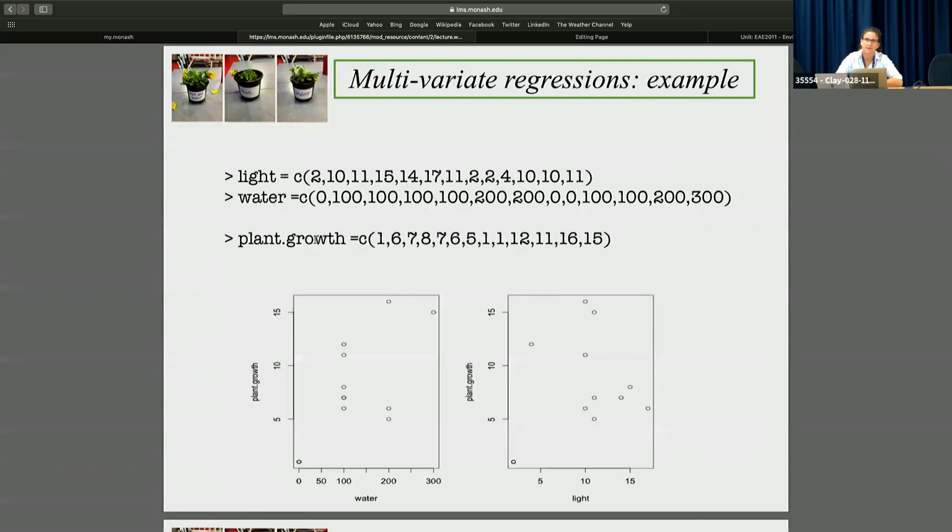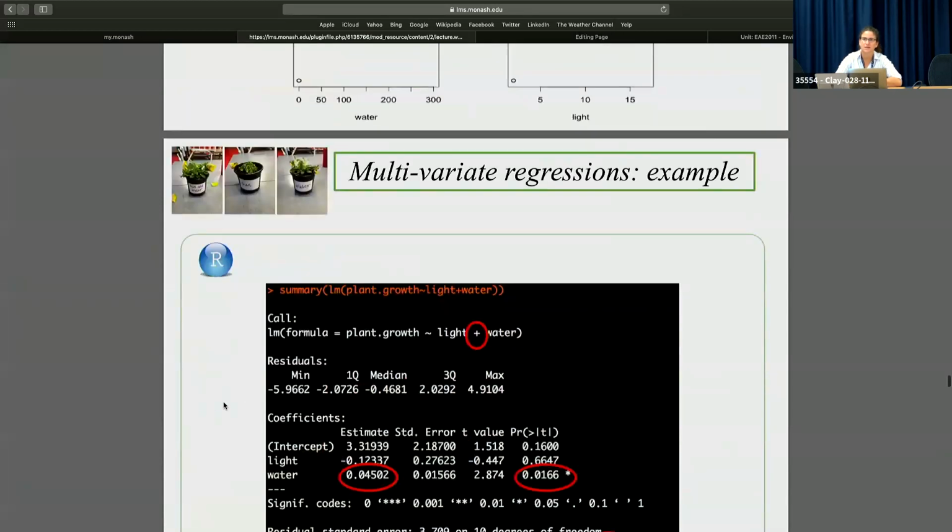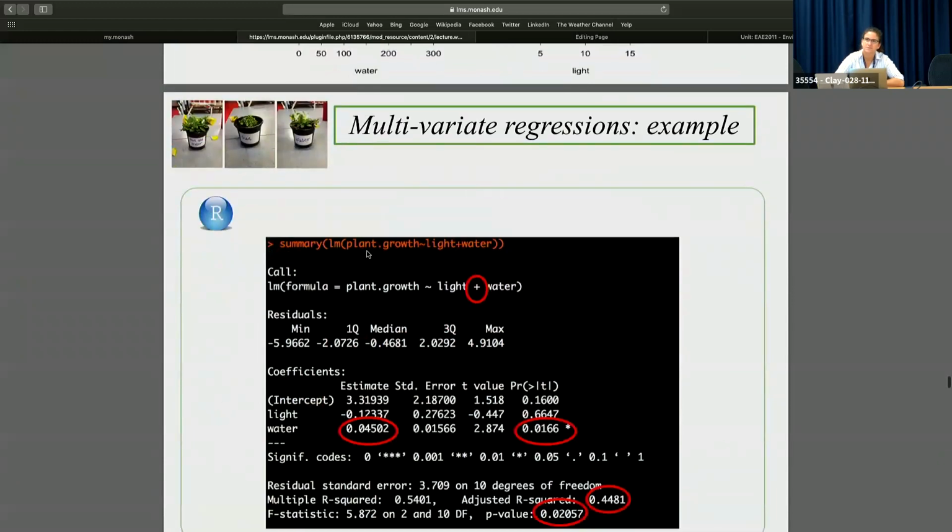And these are the measured rates of plant growth. Okay, so I can plot them against each other. Plant growth as a function of water, plant growth as a function of light. And I can run a linear model. There's plant growth as a function of light plus water. This is a multiple regression, and this is plus. Okay, so remember that, plus.